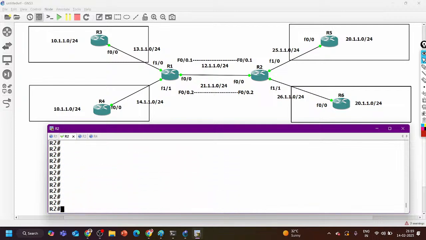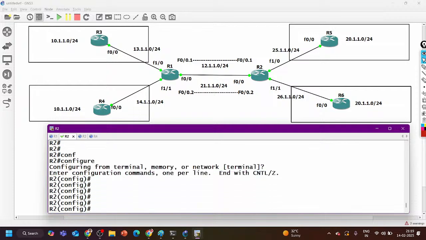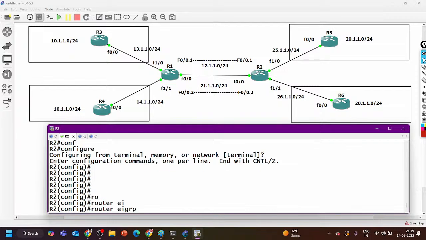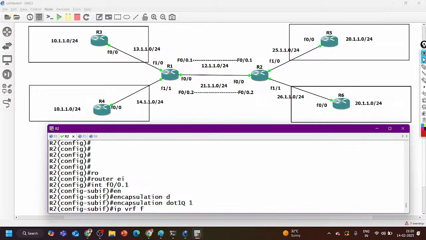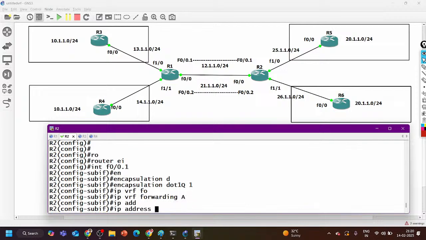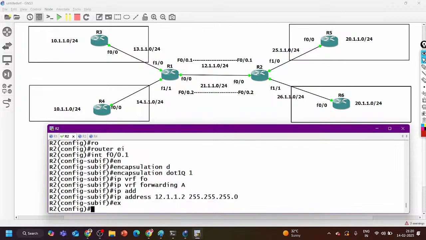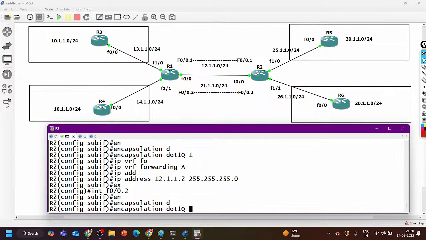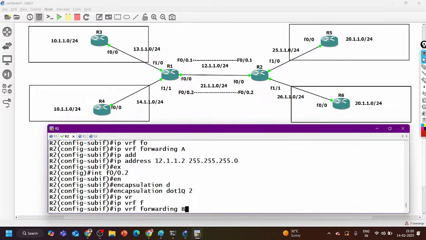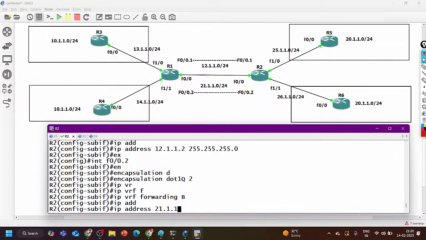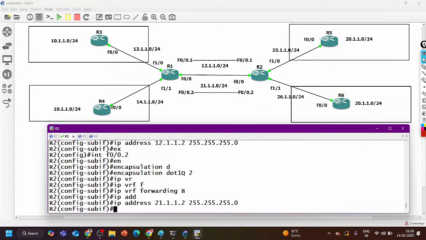And now on router number 2 we can configure the same thing. Interface subinterface 0.1, encapsulation dot1Q for VLAN 1, IP VRF forwarding A and IP address 12.1.1.2 255.255.255.0, exit, and then interface F0/0.2, encapsulation dot1Q and IP VRF forwarding B, IP address 21.1.1.2 255.255.255.0, exit.